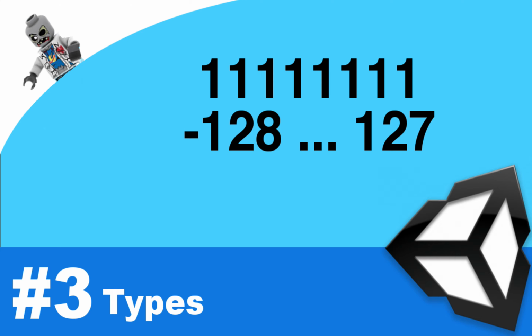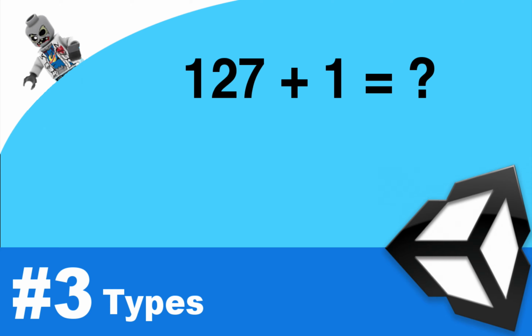But what happens if you do try to do that? What happens if you try to set a value to say 128 on this number? Can you guess? Well, in C#, we have something known as an overflow error, meaning the value of 1 will be added to 127, and since there are not enough bits to represent that number, you then go into the negative numbers.